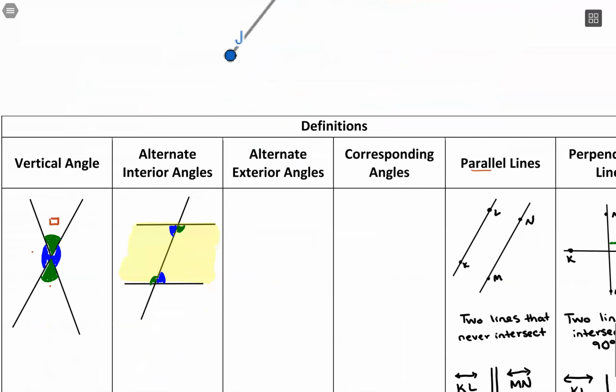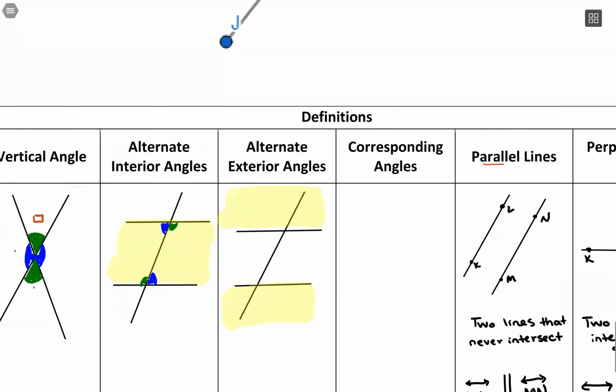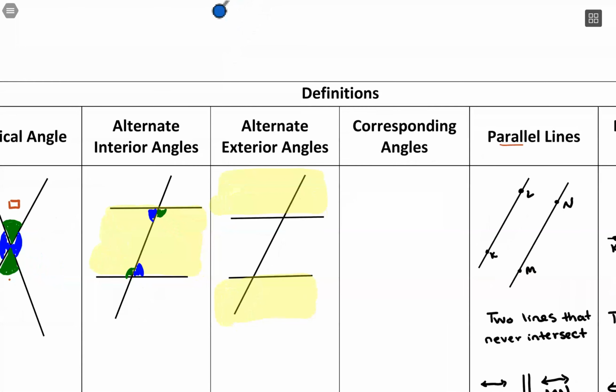Another way that common angles come through, if we have a line being intersected by two parallel lines, is alternate exterior angles. That's where we're focusing on the outside here and the outside. Alternate exterior: say I'm on the left-hand side up here. If I go to the right-hand side at the exterior, same measurement.